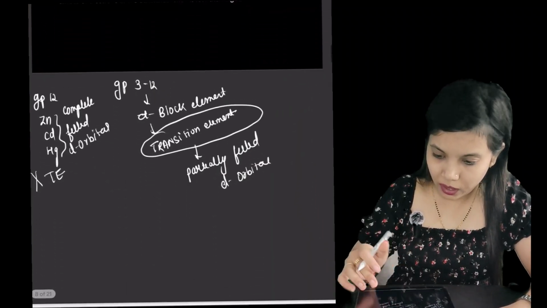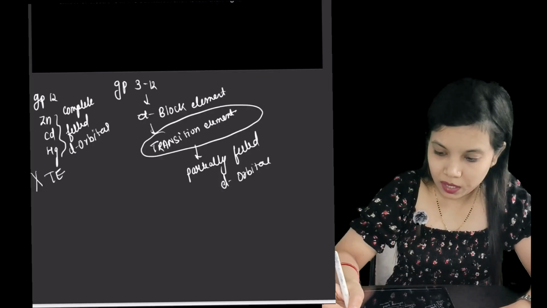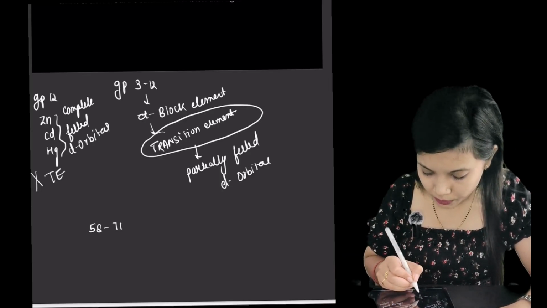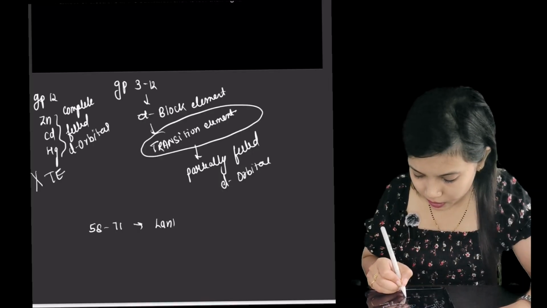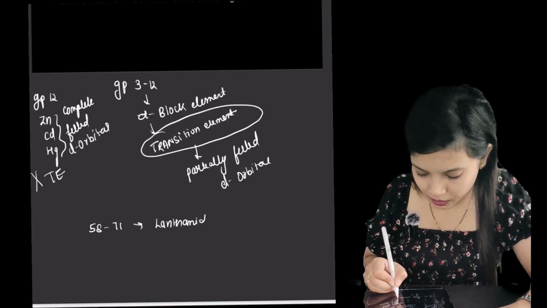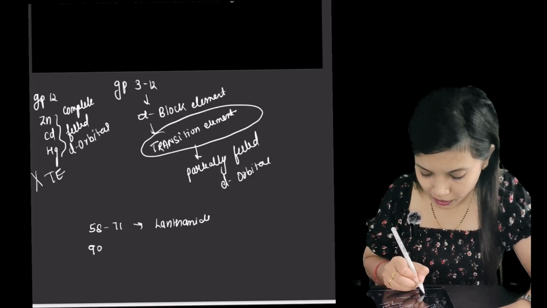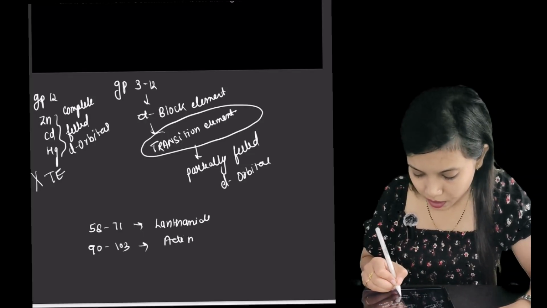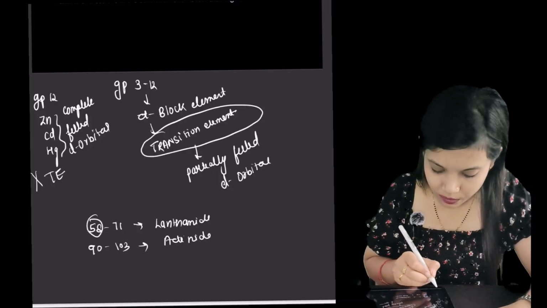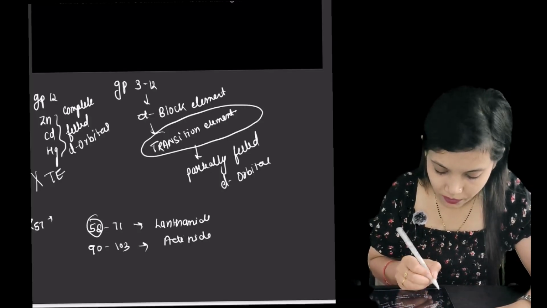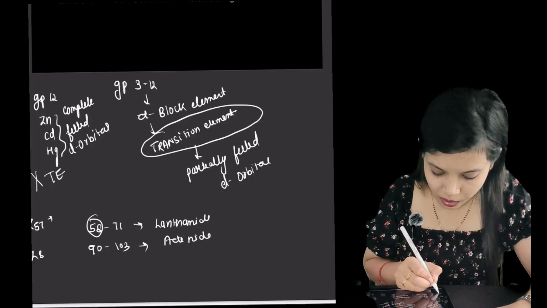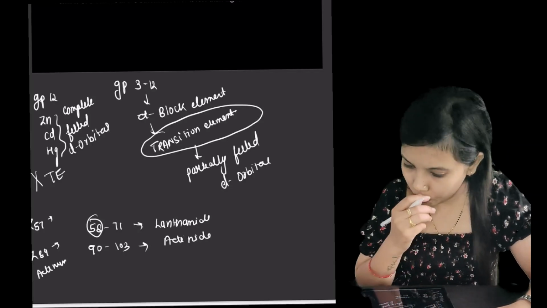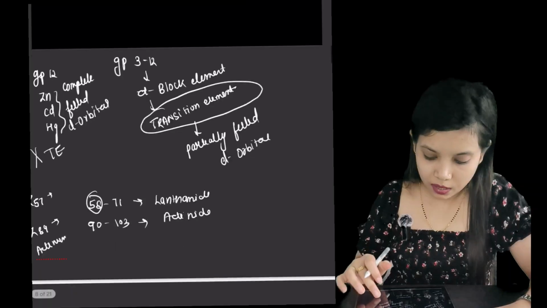From 58 to 71, they are called lanthanides, and from 90 to 103, they are known as actinides, correct? 58 comes after atomic number 57, which is lanthanum. 90 comes after atomic number 89, which is actinium. And they are known as F block elements, correct?